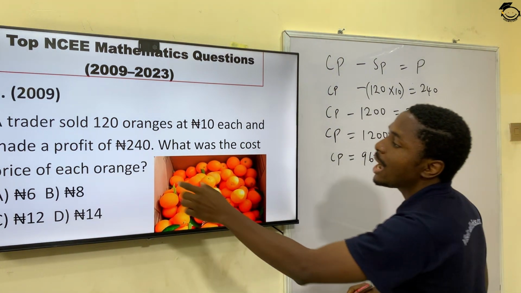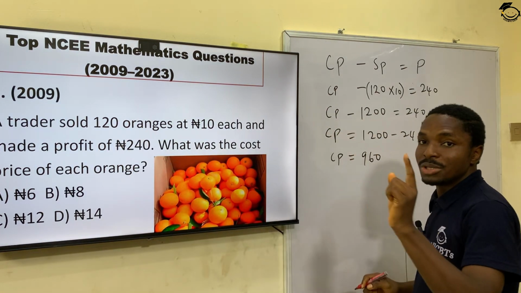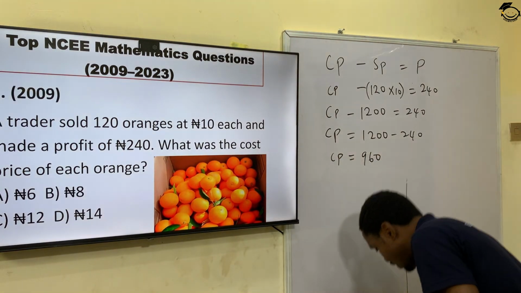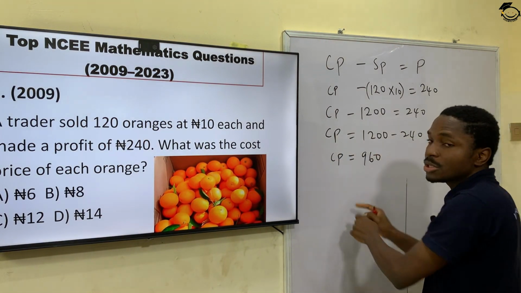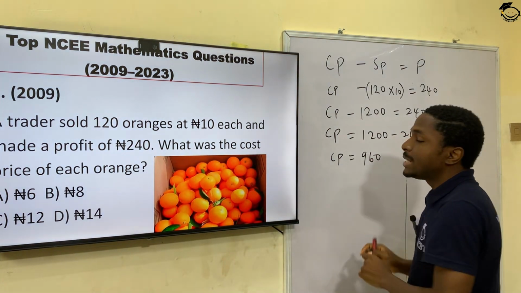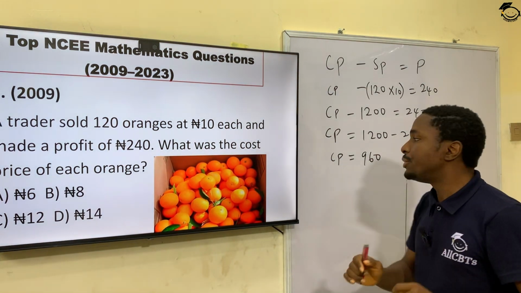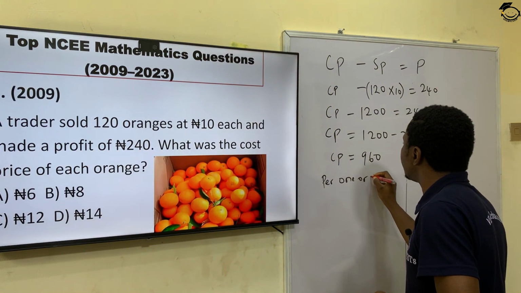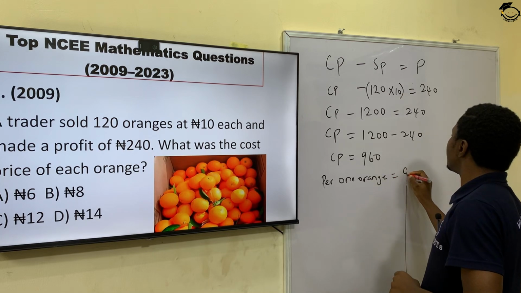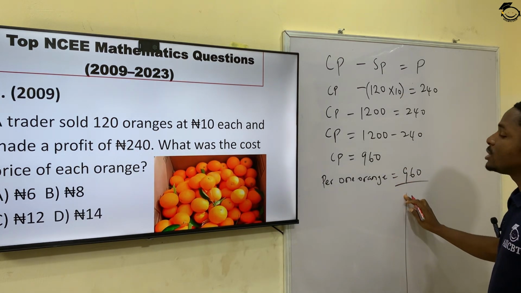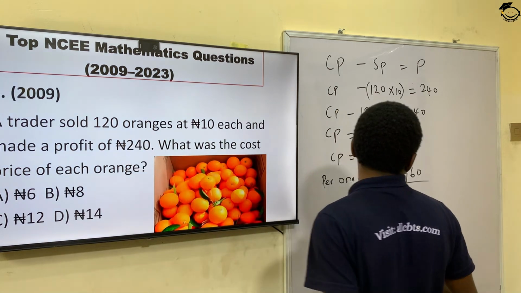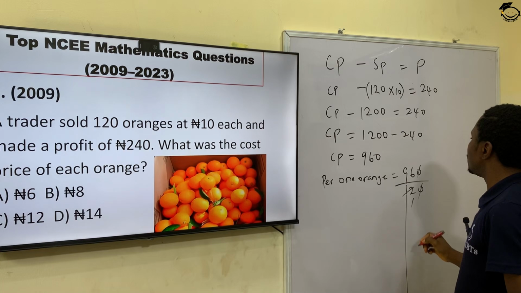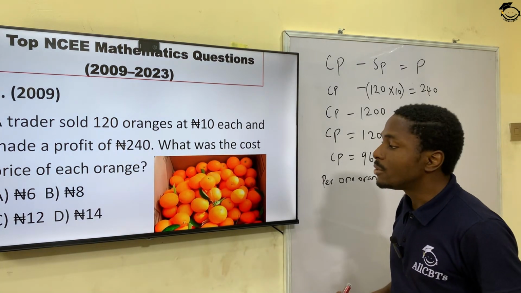So and then how many oranges? Now I want to know the price per one. Okay, so this is the cost price for the 120 oranges. Now we want to know the price per one orange. So the price per one orange equals to 960 over the total number of oranges, which is 120. 120. 0 cancels 0. 12 in 1, 12. 12 in 96 will give you what?